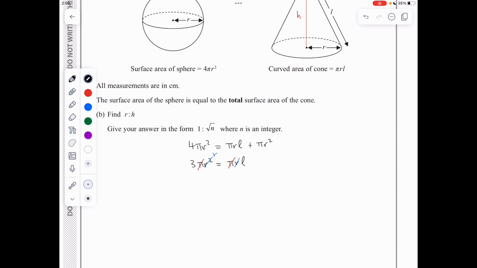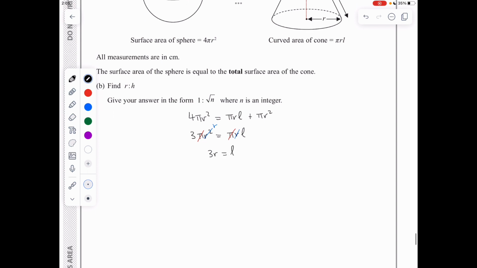So we've got that 3r is equal to l, and therefore if I square everything, I get that 9r² is l².